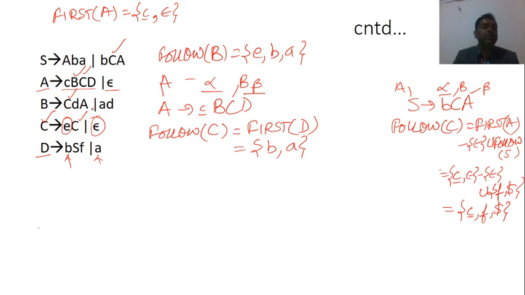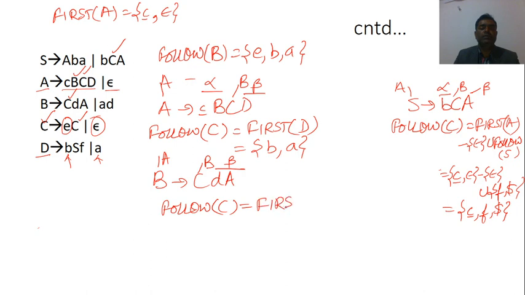B derives to CDA. This is our B, this is our beta, this one is our A. Now I can write follow of C equal to first of beta, that is first of DA, and it is equal to D only.